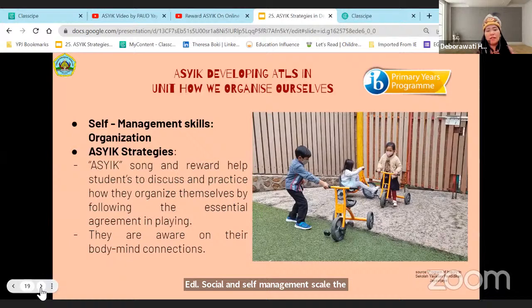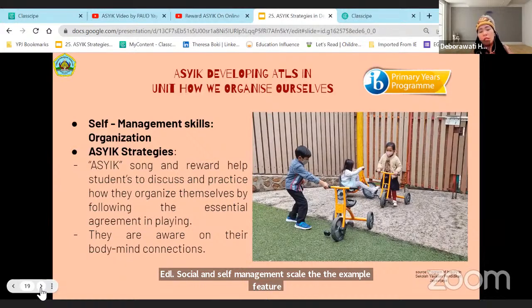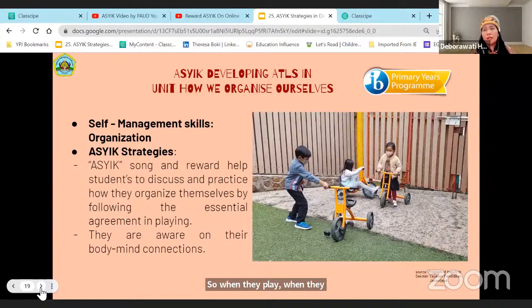In the example picture, when they play bicycle, students made their groups. They choose who they will play with, and when they play in the outdoor area, they play with the ASYIK song together with me. And then after they play, they give a reward for themselves, like that.